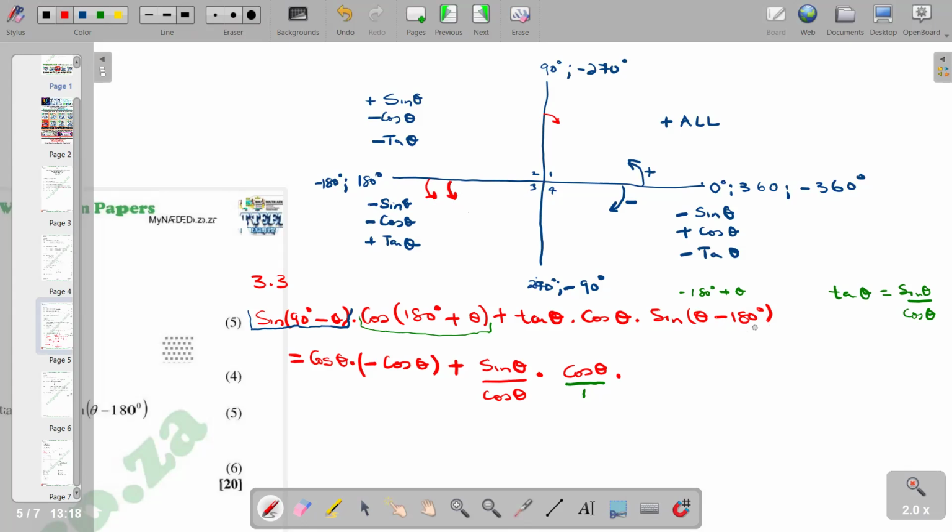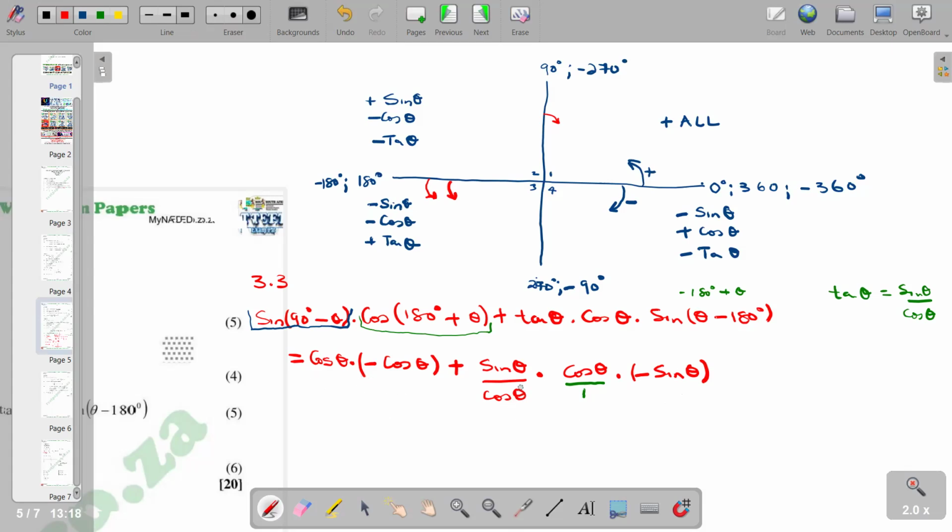It will not change because we are dealing with 180. So this one changes to negative sine theta. So we have simplified that. It therefore means that we now need to simplify this further.